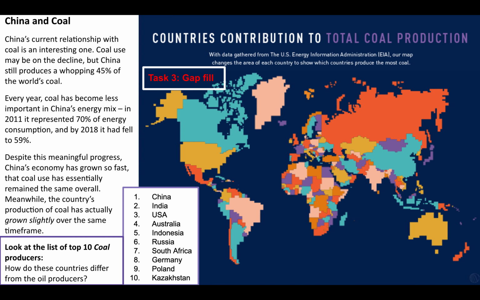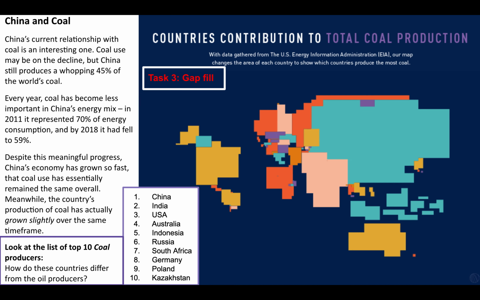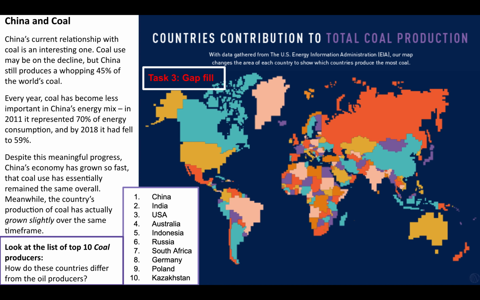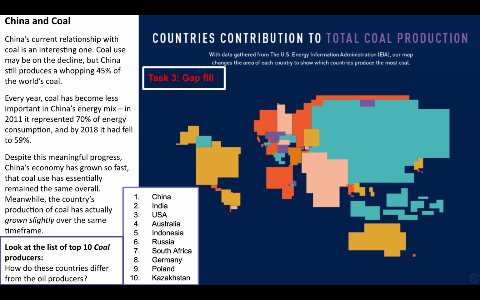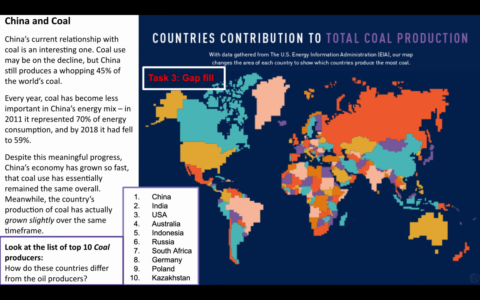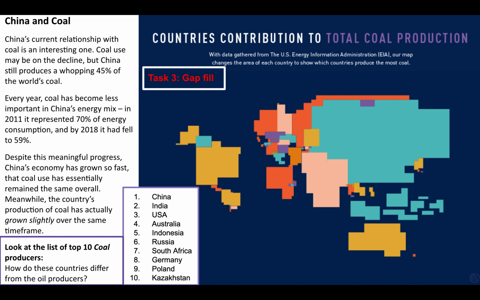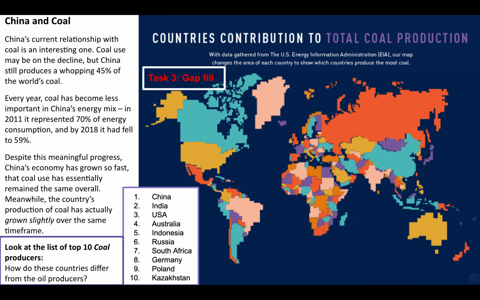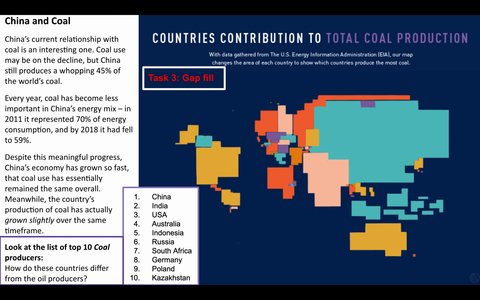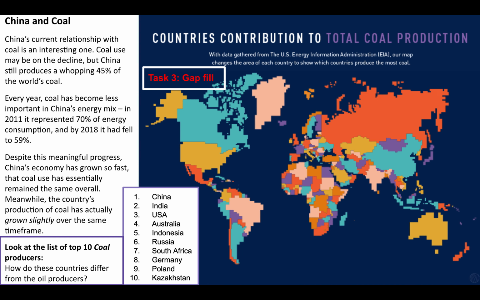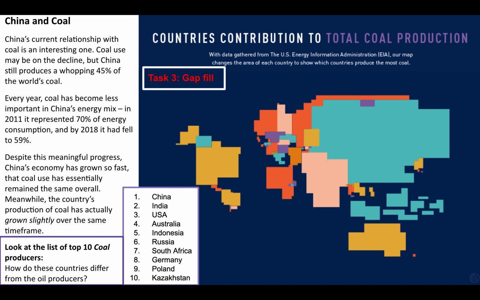It's also because coal is very cheap, so if you want to expand the amount of energy you're producing very quickly, coal is an easy way to do that. And so both India and China, having large populations with improving qualities of life, have expanded their coal production in order to meet the very high growing demand for energy.